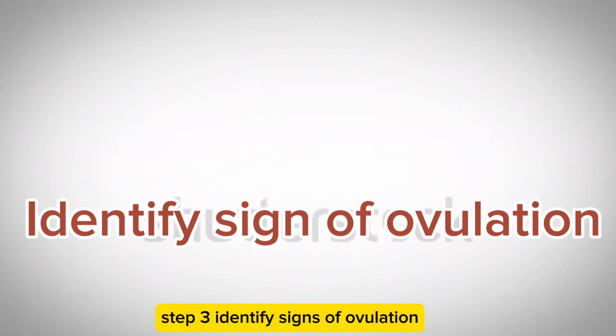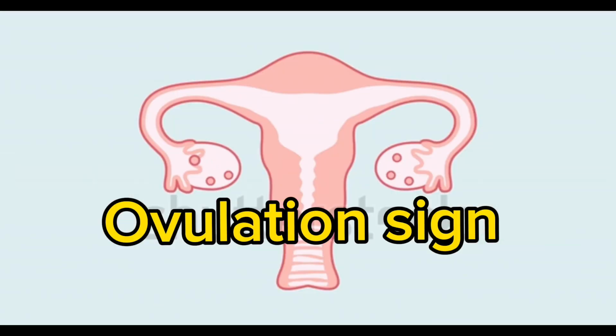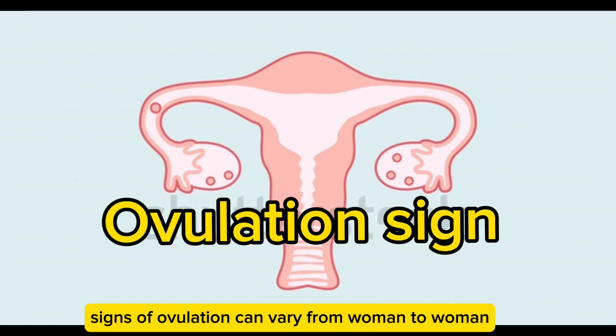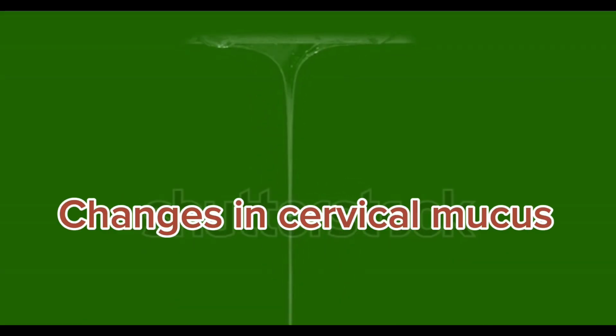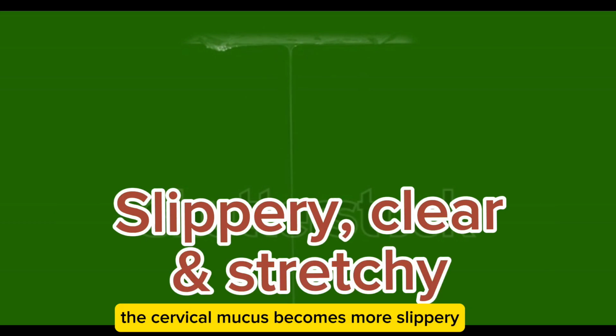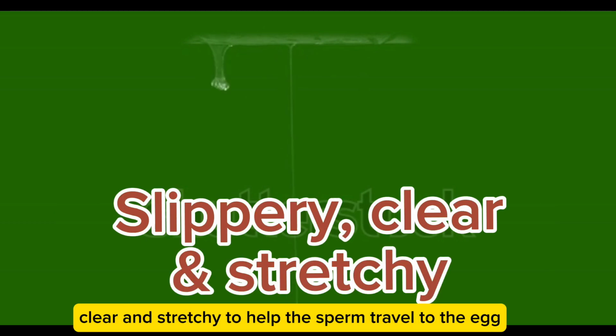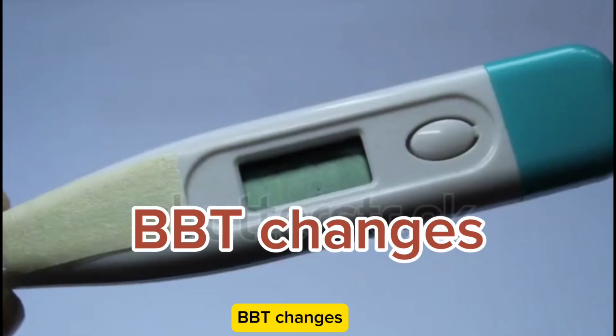Step 3. Identify signs of ovulation. Signs of ovulation can vary from woman to woman. Here are a few common signs. Change in cervical mucus. The cervical mucus becomes more slippery, clear, and stretchy to help the sperm travel to the egg. Basal body temperature, BBT, changes.